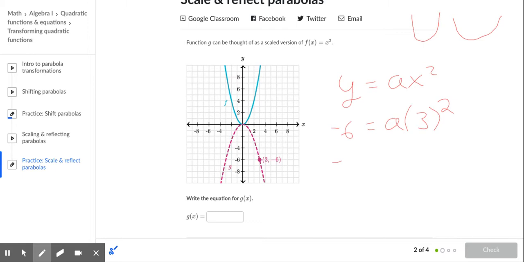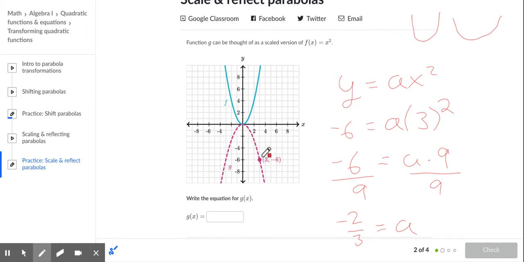So I have -6 equals a times 3 squared is 9. And I divide both sides by 9, and then I can just simplify this fraction. So -2/3 equals a. So -2/3 is what I need to put in front here.